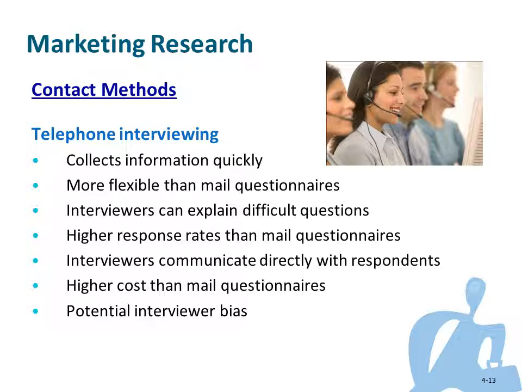But telephone interviewing, as one type of contact method, can collect information quickly and is more flexible than mail questionnaires. Interviewers can explain difficult questions, and there are higher response rates than mail questionnaires. Interviewers communicate directly with the respondents, but at higher cost than mail questionnaires, and there is potential interviewer bias.